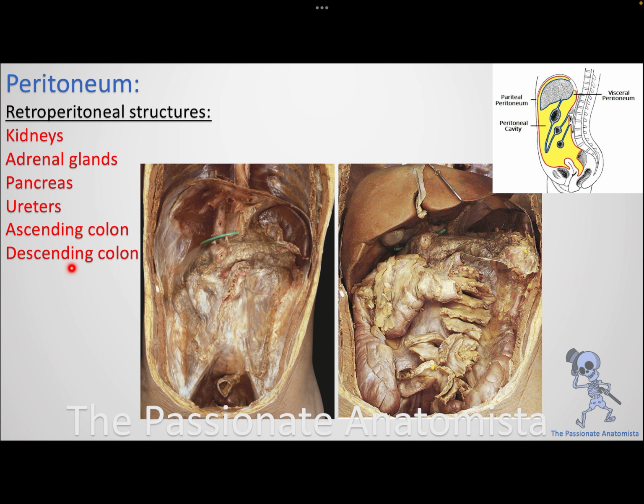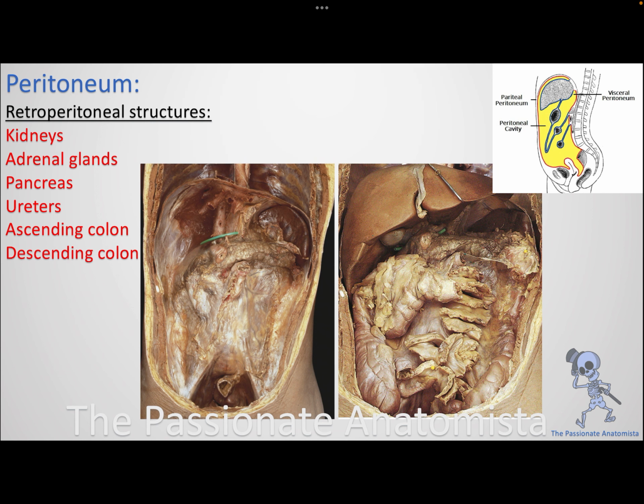Remember, any structure that does not have mesentery, unlike the ones we already mentioned: the stomach has greater and lesser omentum, the transverse colon has transverse mesocolon, the sigmoid has sigmoid mesocolon, the appendix has mesoappendix, and the small intestine has the mesentery proper. Other than these structures, they are considered retroperitoneal structures.